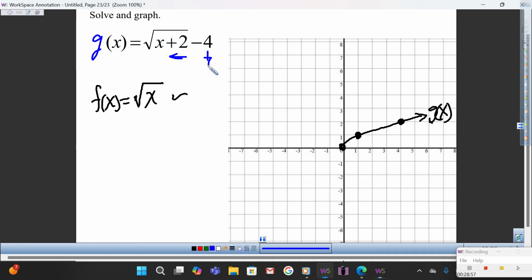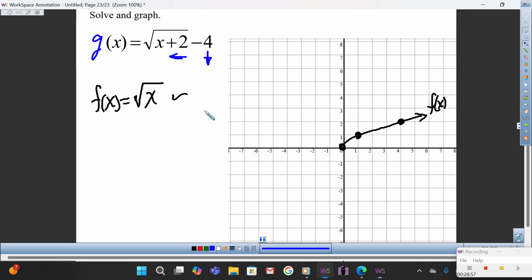2 to the left and 4 down. Hans, have you got that? Oh, my bad. This is f of x. Yeah, I did that on purpose, to see if you guys were paying attention. Nice.